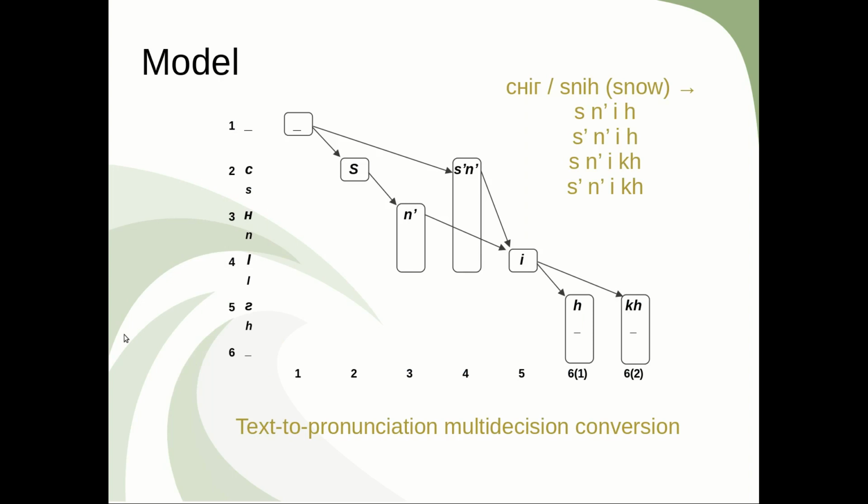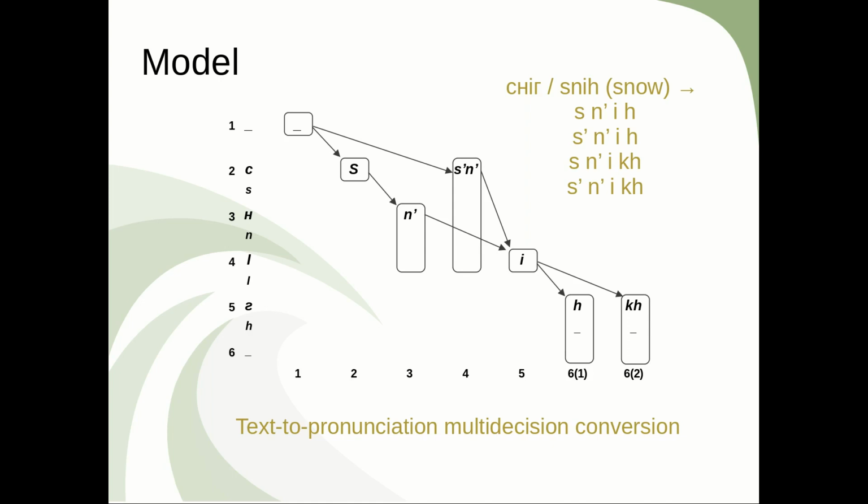This slide illustrates how our text-to-pronunciation multi-decision converter works. By the rules, we build a graph, walking through which we can generate different pronunciations for a given word.